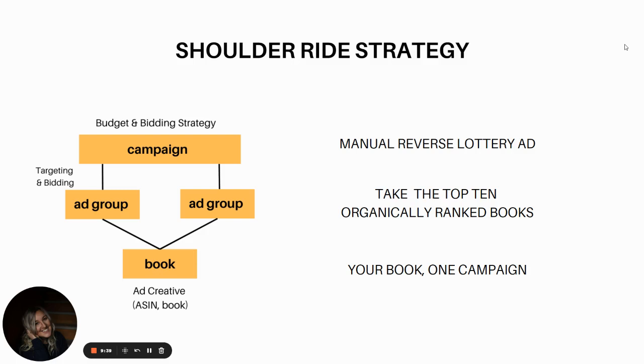If you are creating books that have high competition, this strategy might not work for you because you have to spend more to outrank the organically ranked books. In categories where there's less competition, it's not going to take as much. So that's why, rock keyword foundation, build your house. Don't build your house on the sand.